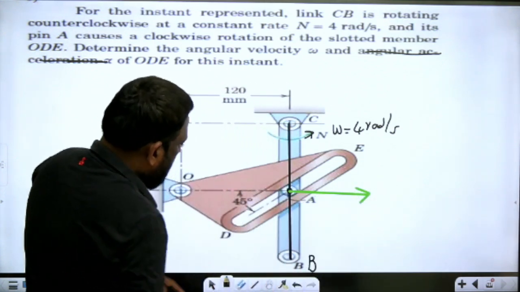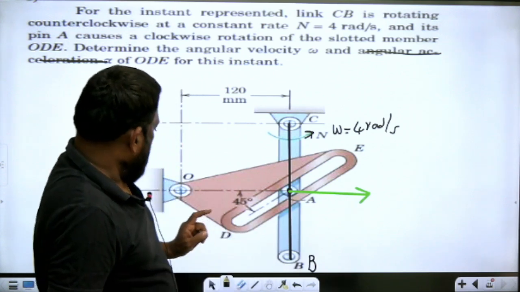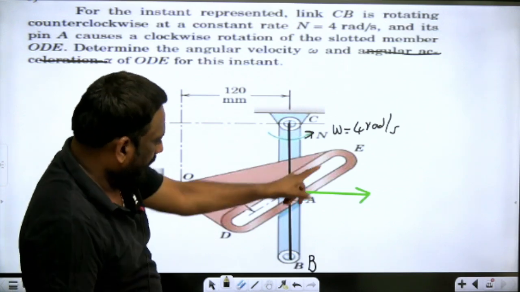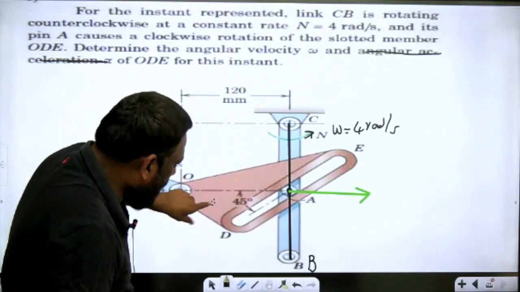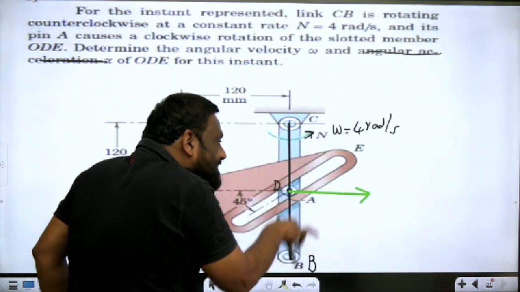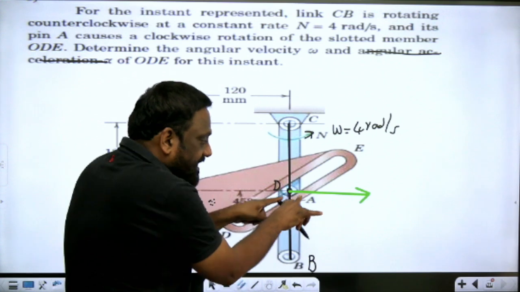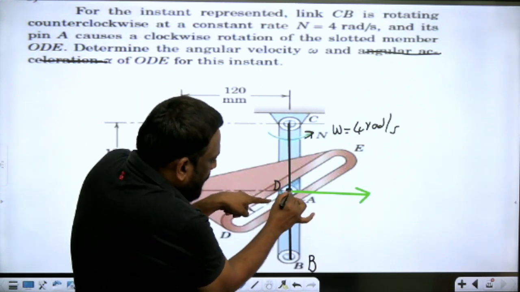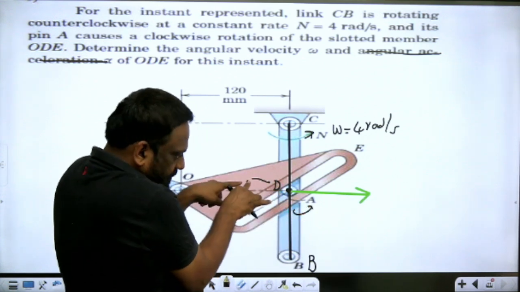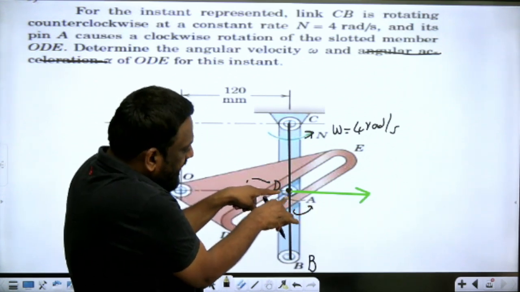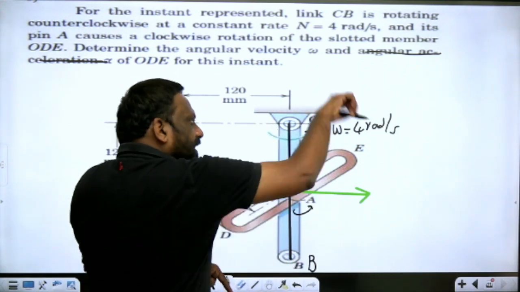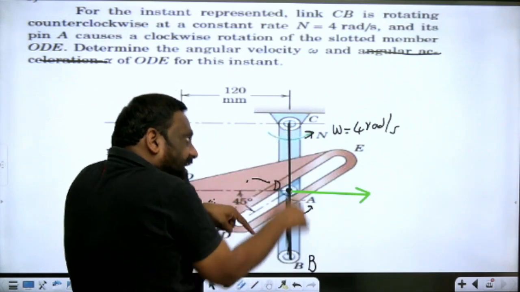Very good. Listen carefully, what did he say? ODE is what he said. Let us take D on the slotted link, and A on this vertical link. Whose velocity will this be? A and D are coincident points. A is on this, D is on this, both are coincident. Whose velocity will this be, sir? Because this is the vertical link, if it is rotating anticlockwise, this point A is on the vertical link.